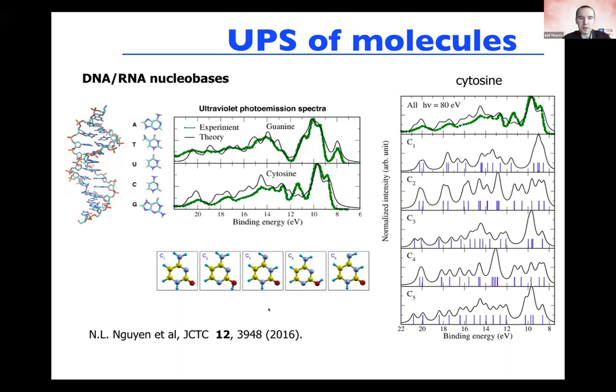Thanks. And maybe one more, the very last question from Guido Fratesi. What is the increase in the computational cost, for example, for these molecules? So here I think it depends a lot on the actual implementation of your method. Here we were using a modified Car-Parrinello minimization scheme.